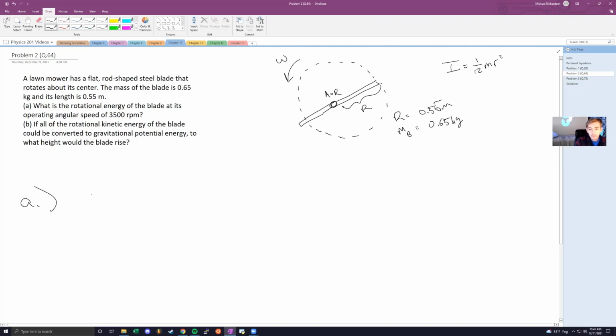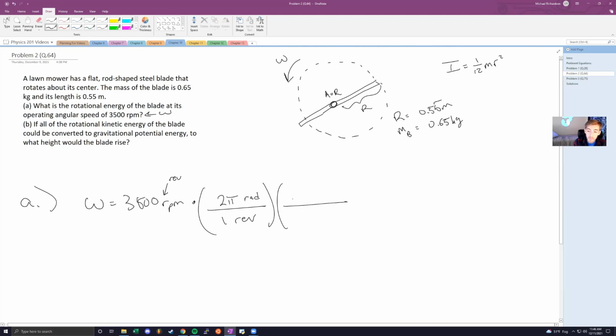So for part A, knowing that we're given omega right here, we can say that omega is equal to 3,500 RPM. And again, I want to note that this is revolutions. So to convert this into the normal units that we have for angular velocity, well, we know that for one revolution, there are 2 pi radians.